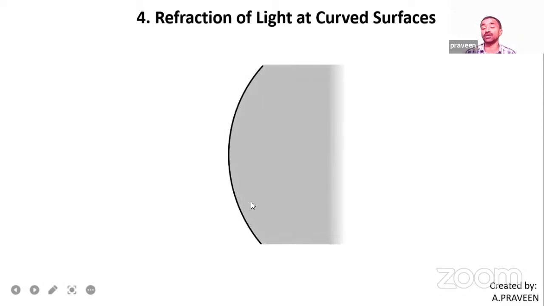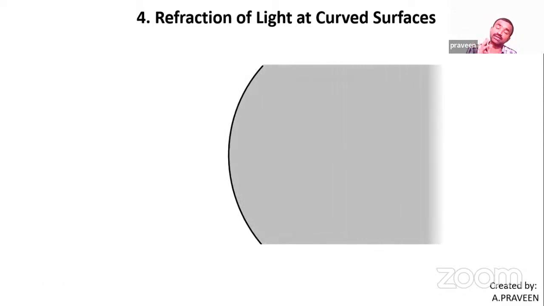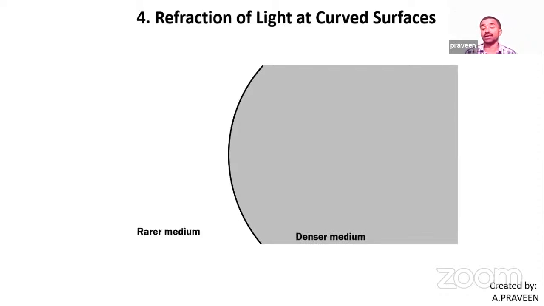Then shade one of the regions. Suppose I shaded that region, concave surface. Now identify the rarer medium and the denser medium. Here the shaded region is the denser medium, and the other one is the rarer medium. Take the refractive indices of the mediums.